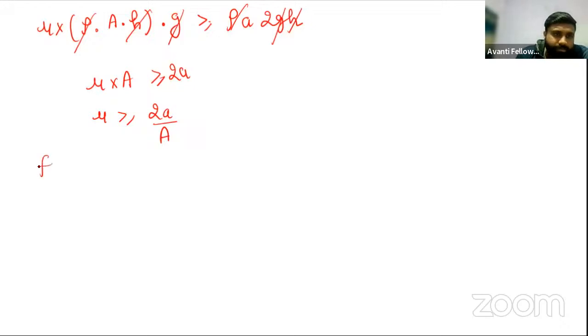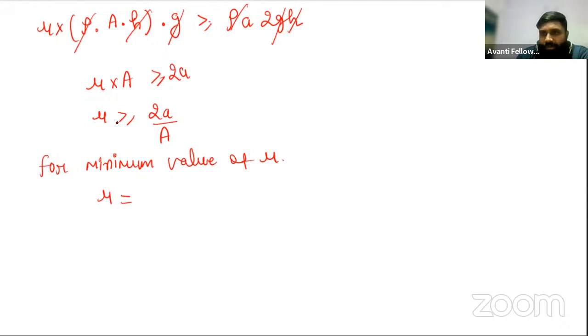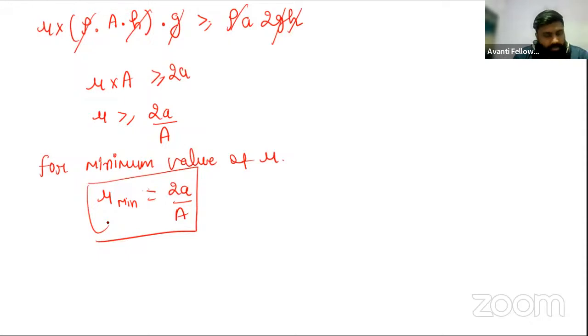For the minimum value of mu, this should be equal to, because all the other values of mu are greater than 2a by A. So for mu minimum, it is equal to 2a by capital A. Okay.